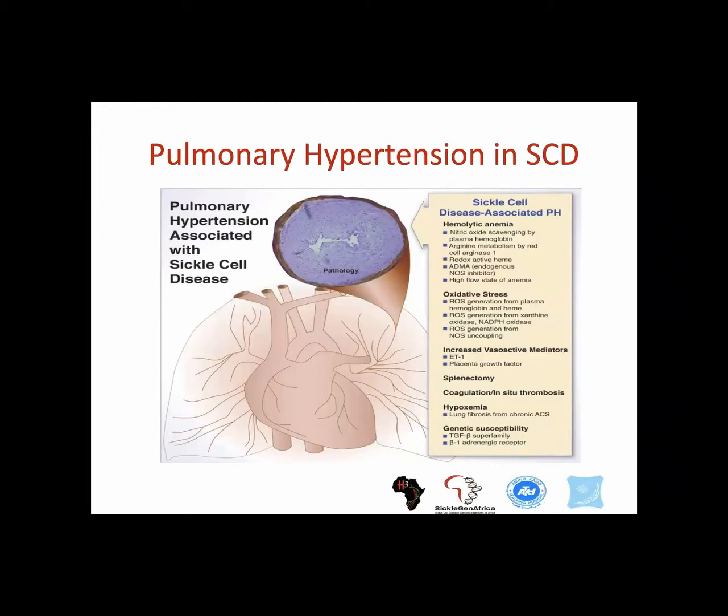This vasculopathy occurs in both the pulmonary circulation and systemic circulation, and that is why these patients also have both pulmonary hypertension and relative systemic hypertension. And you see in the box on the right-hand side, the issues that result from hemolytic anemia are all listed there, and also the changes that occur because of the stress.